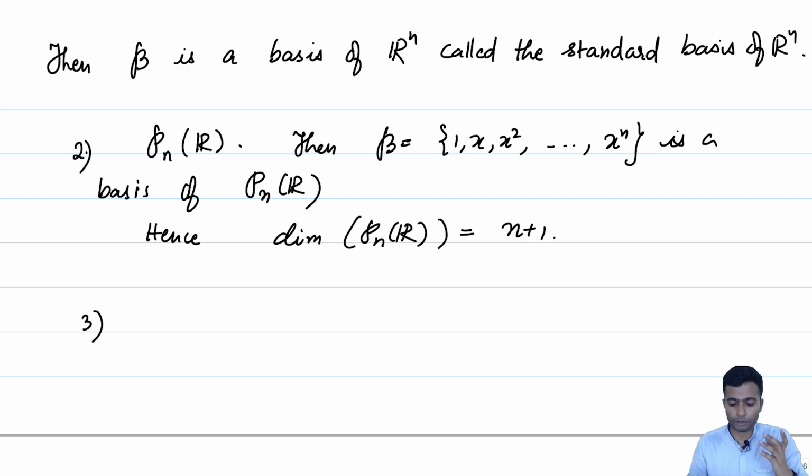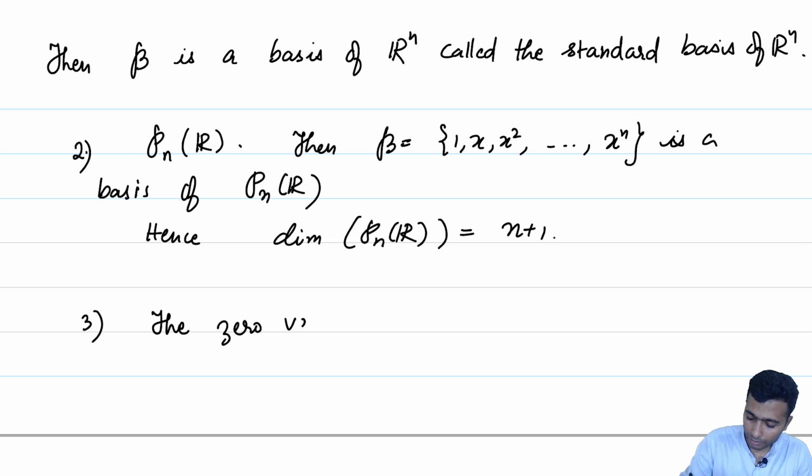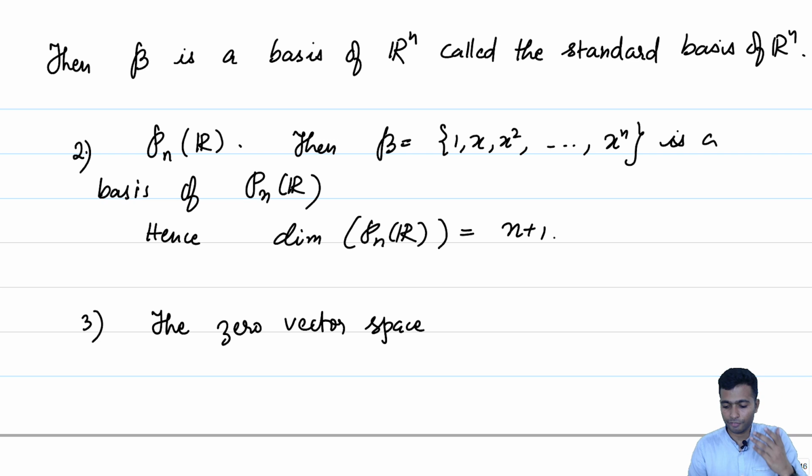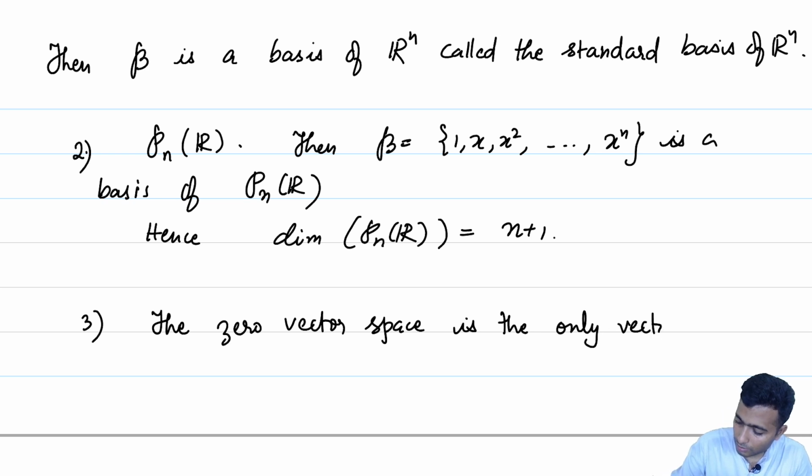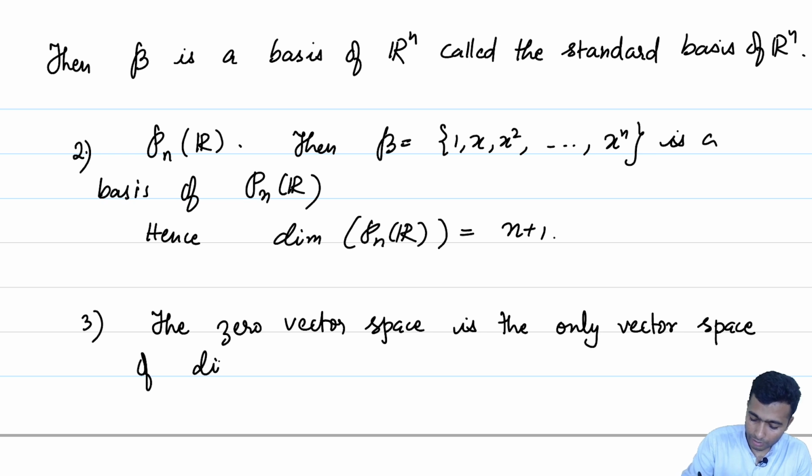Another example is the 0 vector space. Let me allow you to guess. The 0 vector space has the empty set as its basis. It is, in fact, the only vector space of dimension 0.